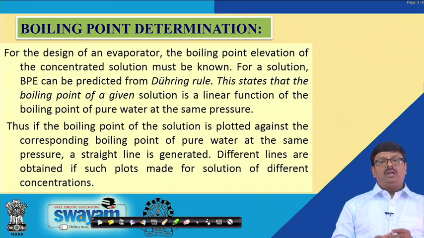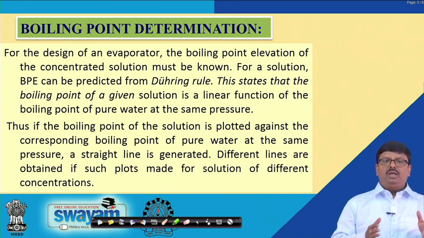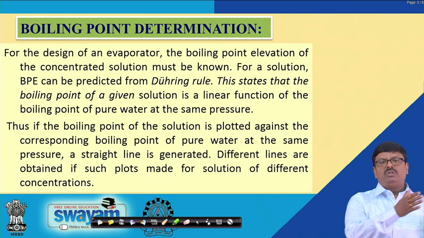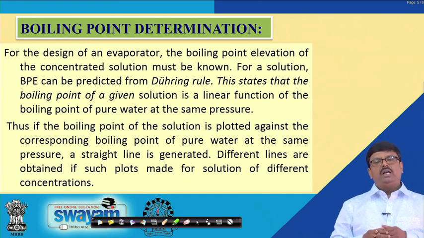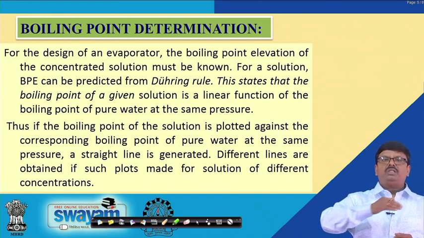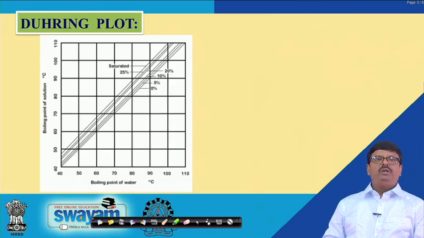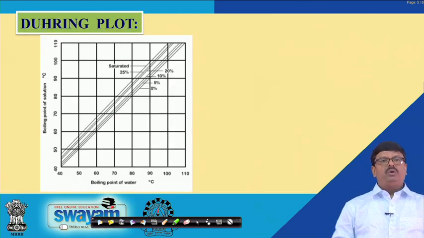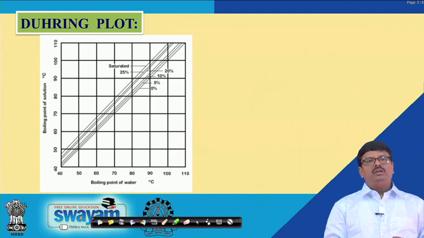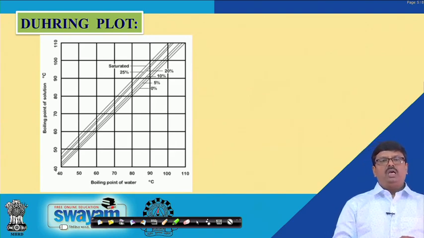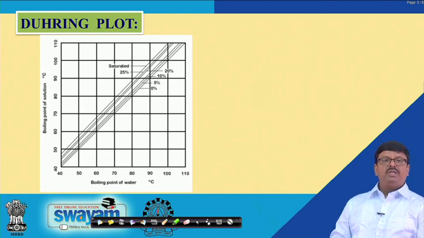If we plot the boiling point of the aqueous solution versus the boiling point of water, at different concentrations we get straight lines, from where we can predict the boiling point elevation. This is the Duhring plot. Just have a look at this, where the boiling points of aqueous solutions at different concentrations have been plotted, and this is the representation.